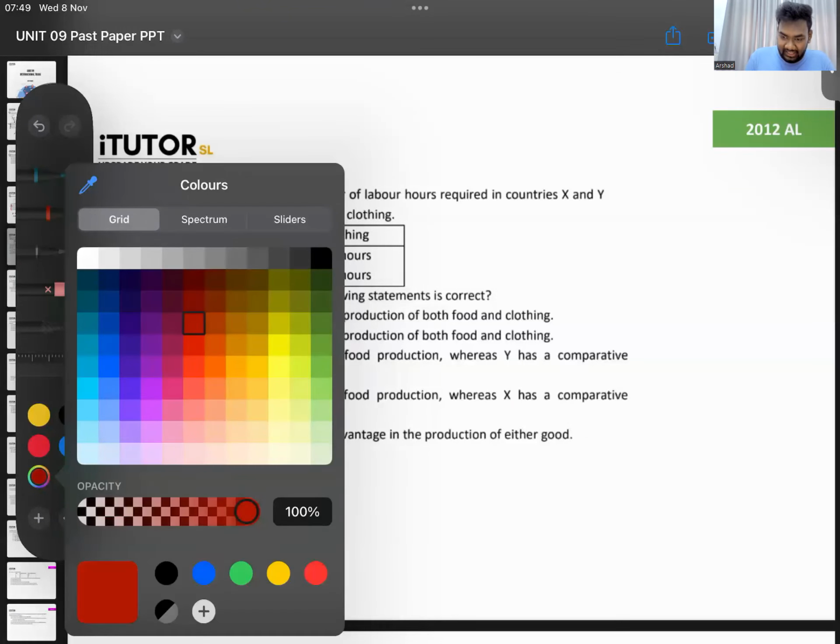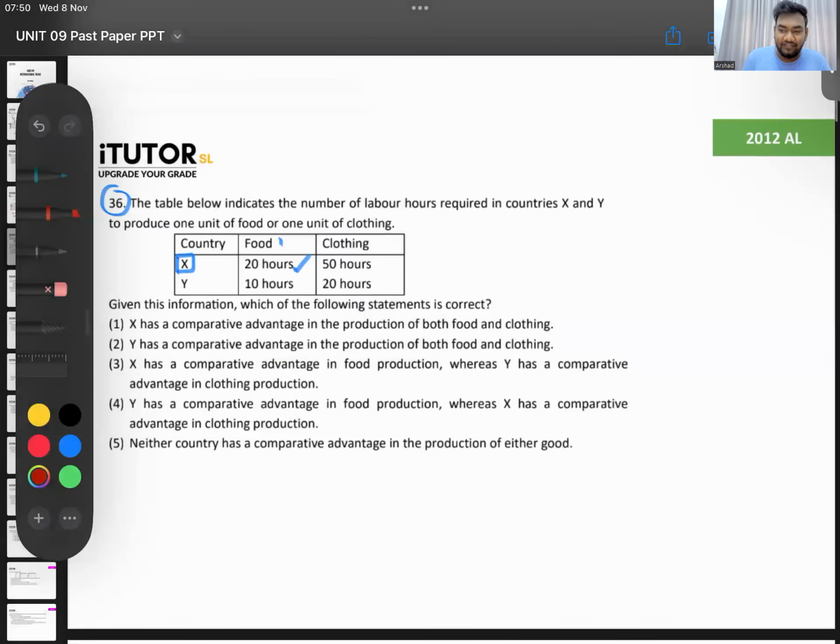Also absolute advantage. Now, if it's input data that is given, how do you find absolute advantage? With output data, whoever has the highest amount of output has the absolute advantage.